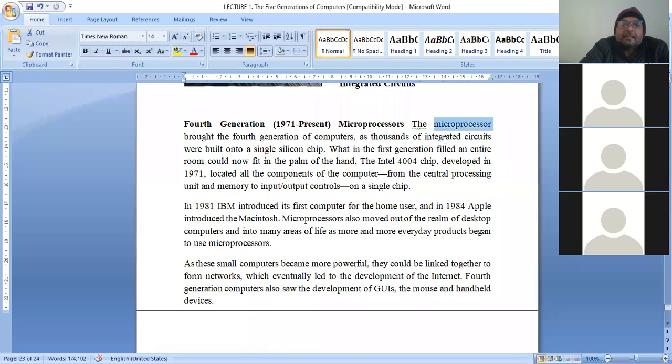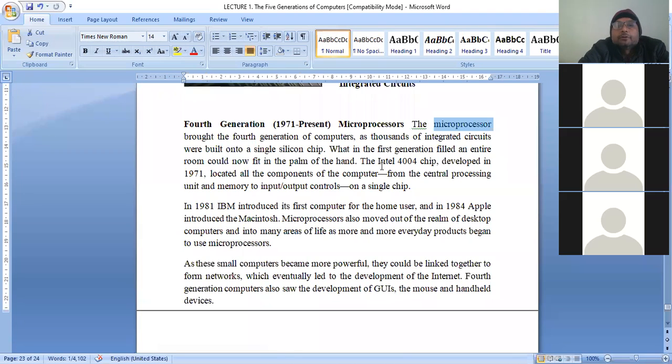That means size has been reduced. So instead of an entire room, the computer can fit in a palm. Nowadays the mobile and pad you are using are all examples of computers. Computers are that small now, you can keep them in your hand.